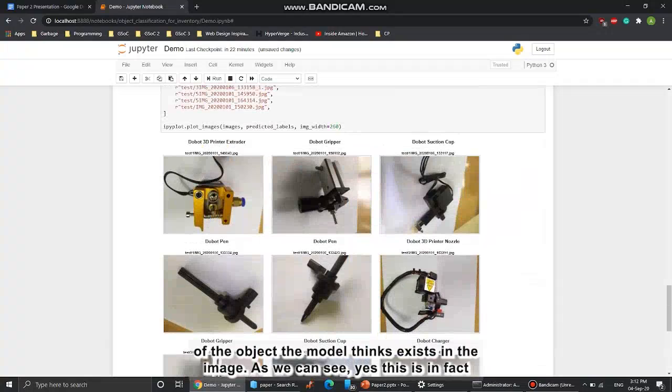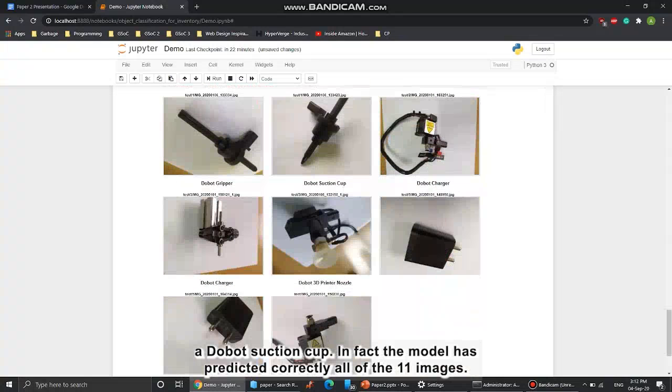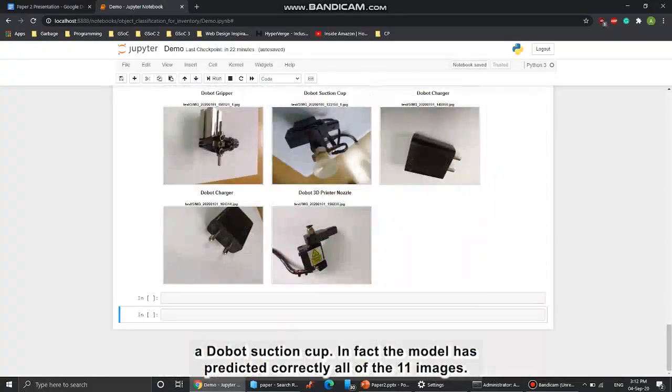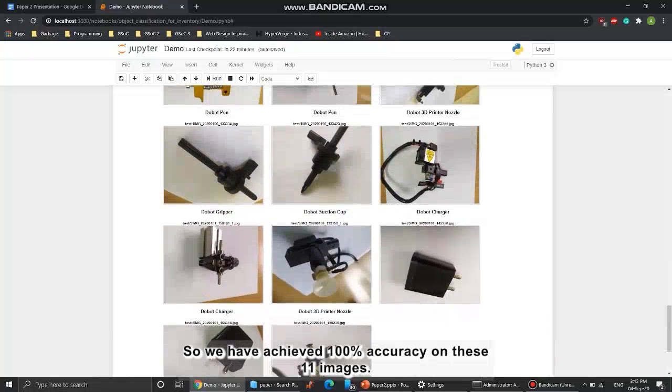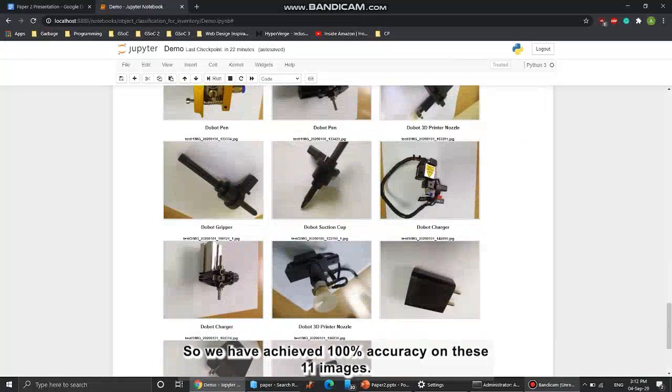This is the name of the object the model thinks exists in the image. As we can see, yes, this is in fact a Dobot 3D printer extruder. This is also correct, a Dobot gripper. This is also correct, a Dobot suction cup. In fact, the model has predicted correctly all of these 11 images. So we have achieved 100% accuracy on these 11 images.